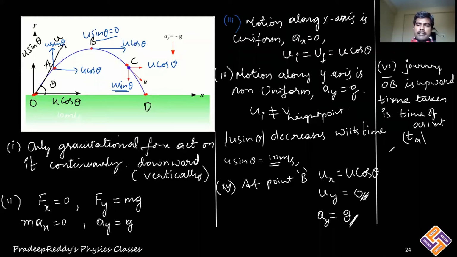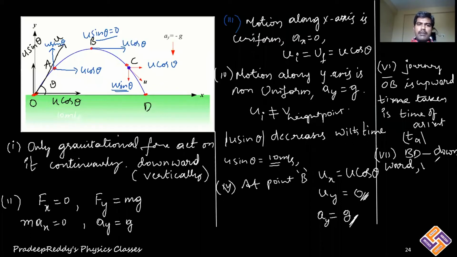And next, for example, if the body is starting at B and coming towards D, BD is the downward journey. In the case of the downward journey, what happens to velocity? The velocity magnitude increases.